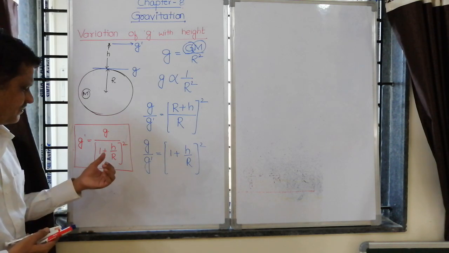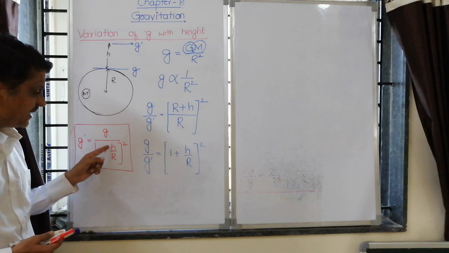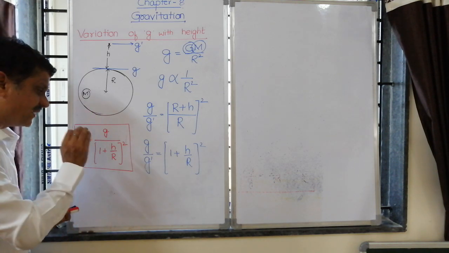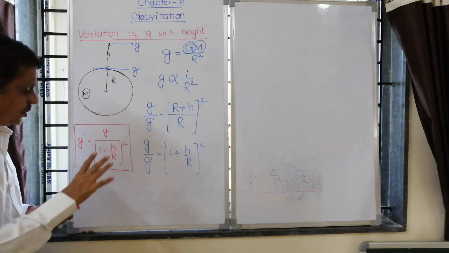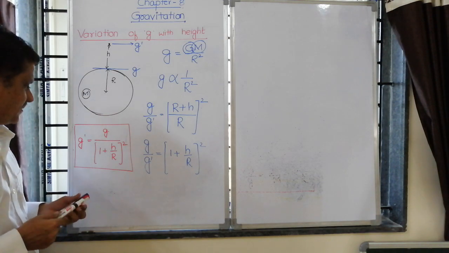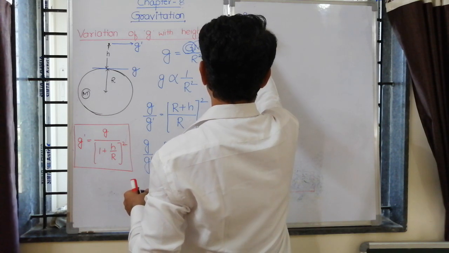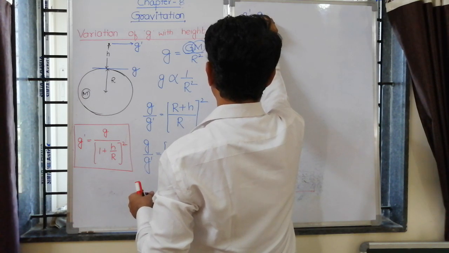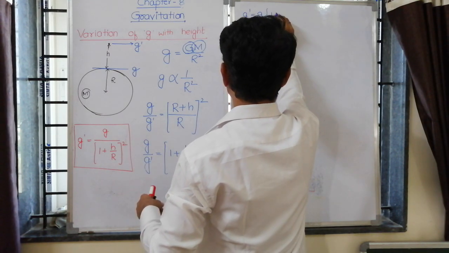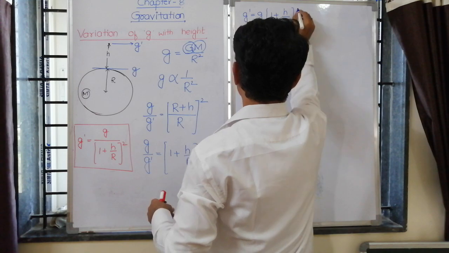But sometimes, since R is very large and h is very small, then also we can get the answer, but calculation becomes lengthy. To avoid the calculations lengthy, I can still simplify this. See here, g dash is equal to g in bracket, I take this up, (1 plus h divided by R) raised to minus 2.